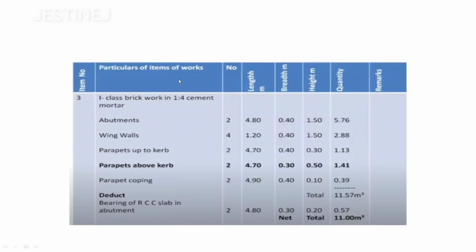So parapet above curb portion is going to be 2 numbers, then 4.7, then 0.3 width, then 0.5 height. Then above that, one more layer, that is parapet coping.